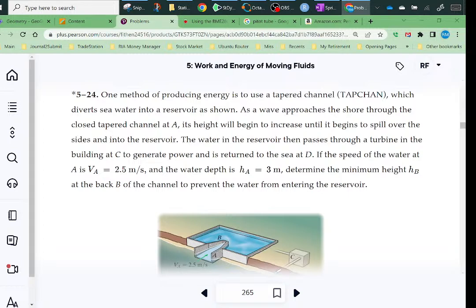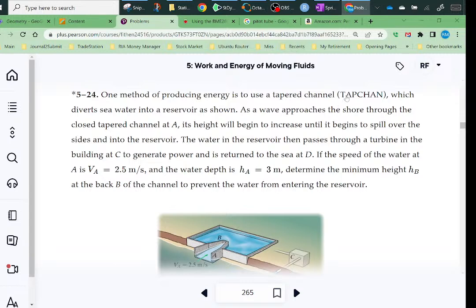The water in the reservoir passes through a turbine at C to generate power. And actually, I've seen a couple of these. The speed of the water is this, the water depth is this. Determine the minimum height H at the back B of the channel to prevent water from entering the reservoir. That's actually a pretty simple calculation.